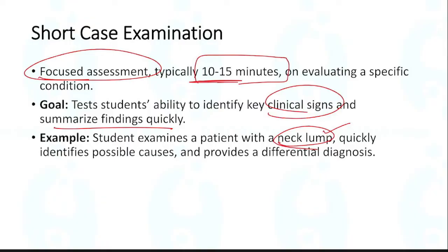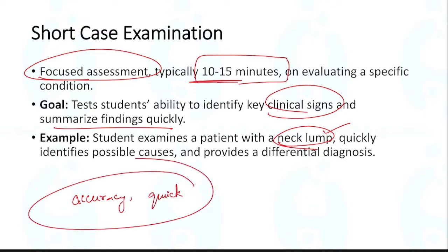All the characteristics have to be mentioned. Specific instructions will be given to the student, and the assessment is on how quickly and how accurately the student can identify the clinical signs. Accuracy and quickness are assessed here.